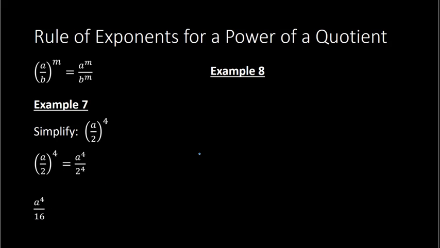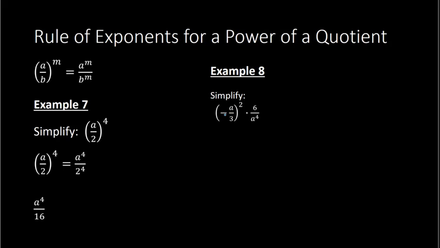Let's look at one more example using this rule that we've just described. So here we have (negative a over 3) squared times 6 over a to the 4th power. What this means is that we are going to raise both the numerator and denominator to the 2nd power.